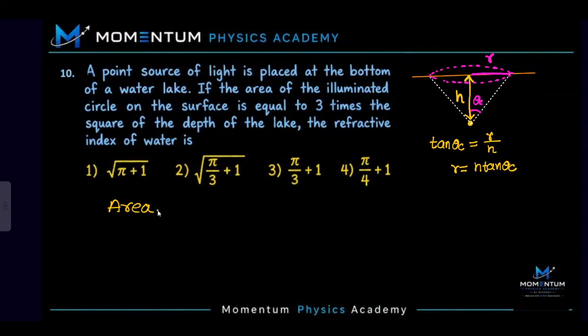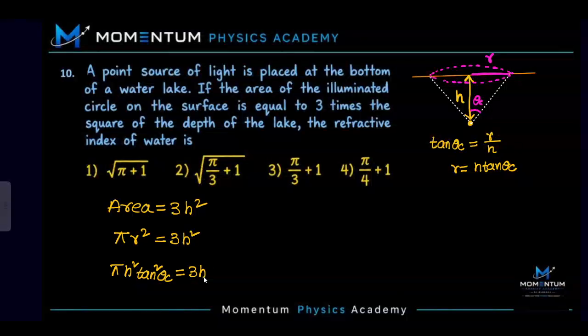The area is given as 3 times the square of the depth. So area pi r square is equal to 3 into H square. Now this is pi into H square tan square theta C, which is equal to 3H square.